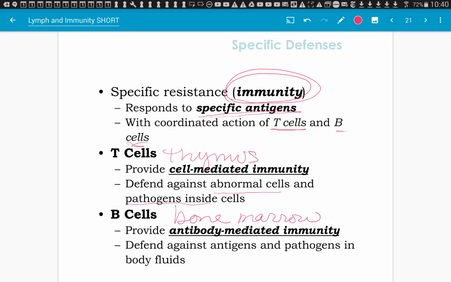B cells are involved with antibody-mediated immunity, so you're using antibodies in this case, and this defends against cells that have foreign antigens or pathogens that you find in the fluids. So T cells deal with pathogens inside the cells, and B cells are more in the body fluids themselves.